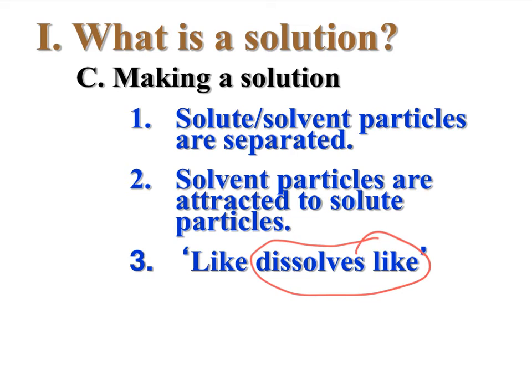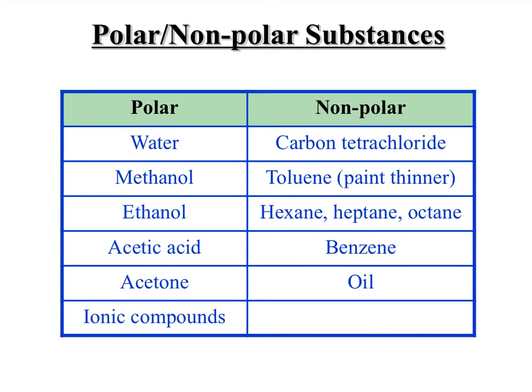So what this means is that polar substances more easily dissolve polar substances than they do non-polar substances. It gets a little tricky with some of these, and I didn't really want to discuss it, but I can't seem to find a way not to discuss this.